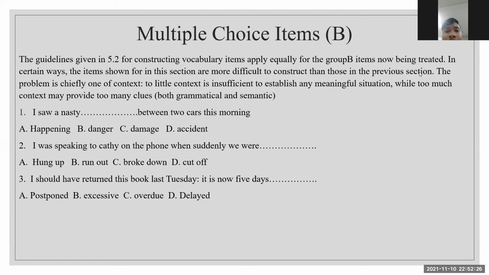The problem is chiefly one of context. Too little context is insufficient to establish any meaningful situation, while too much context may provide too many clues, both grammatical and semantic. So, for example: I saw a nasty blah blah blah between two cars this morning.